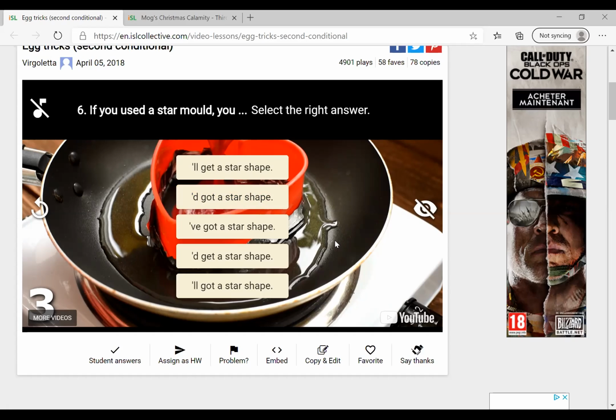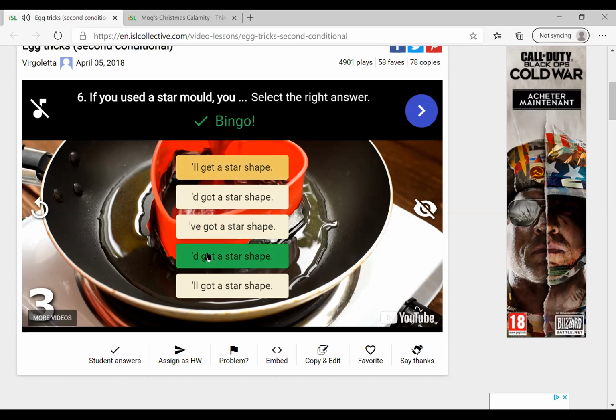You would get a star shape here. Yes. So would here, and then the verb get. This cannot be, because it's past simple. Absolutely. So it should be would, shortly 'd, you'd get. So this 'd is would. Good.